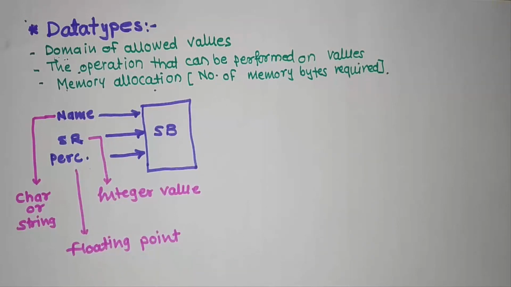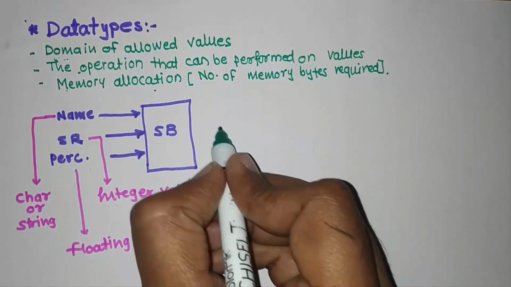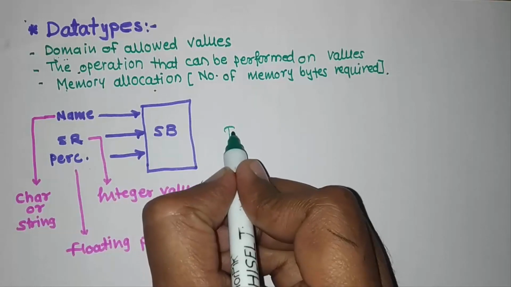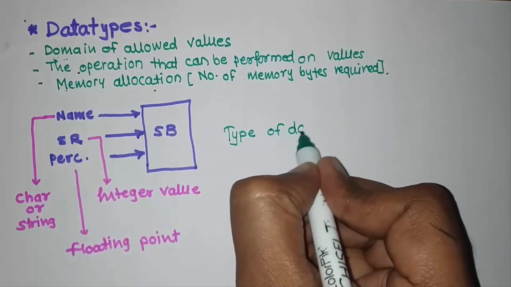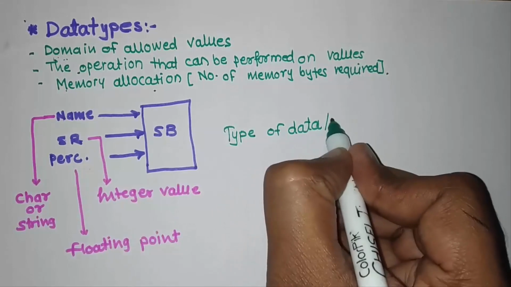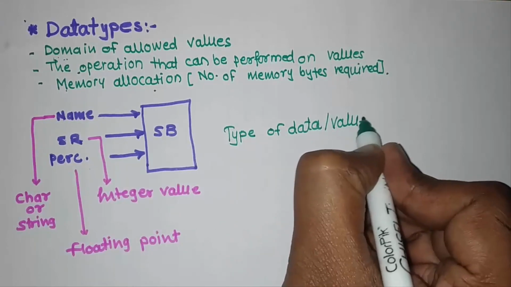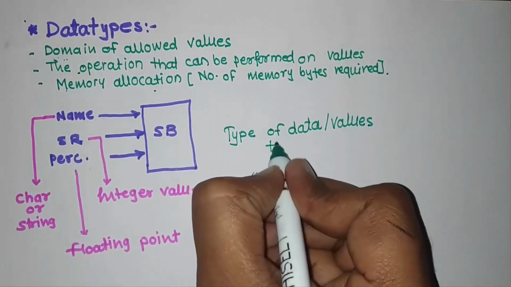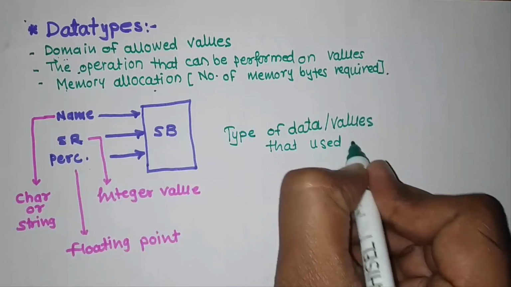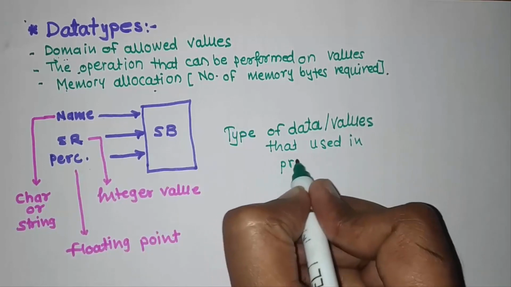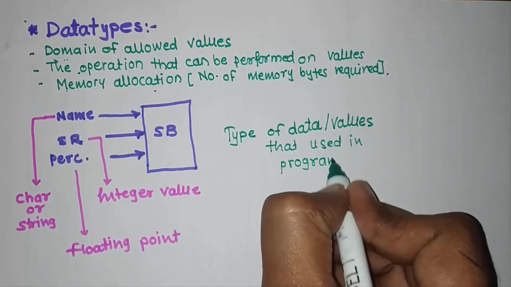So in short, what does the data type define? The data type basically defines, in summary, the type of data or value that is accessed or used in a program.